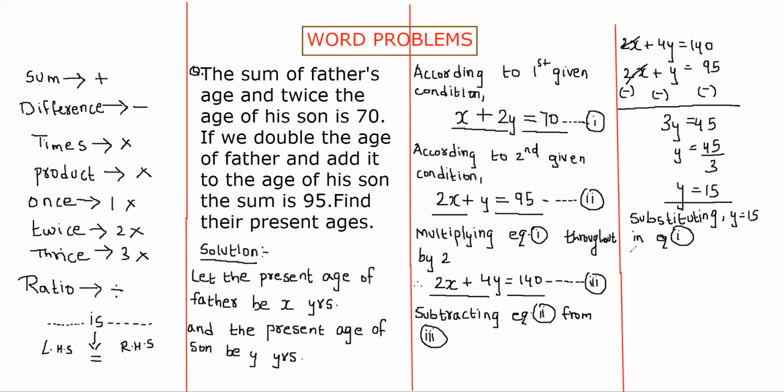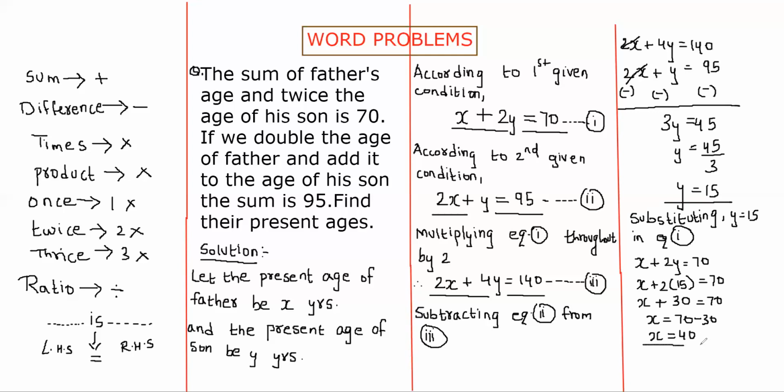Equation 1 is x plus 2y equal to 70. So x plus, in the place of y, we will write the value of y: 2 into 15 is 30. Plus 30 will go that side, it will become minus 30. And hence we get x equals 40.